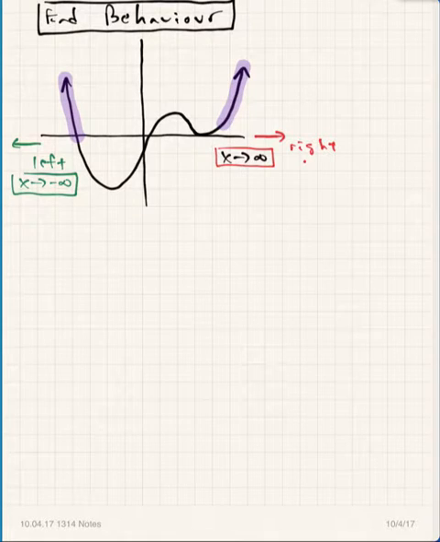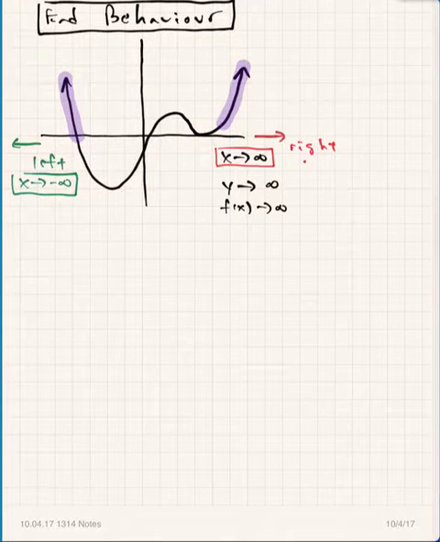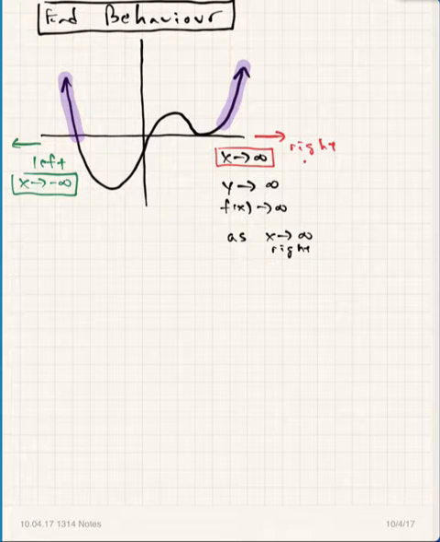And so as you're moving off to the right, the y value, in other words, f of x, is just getting big because the graph is going up infinitely far, and so y is going to infinity. Or you might see it written as f of x goes to infinity. And so this end behavior off to the right might be written this way: as x goes to infinity, f of x is going to infinity also. And you're just simply saying it's moving up when you're saying that.